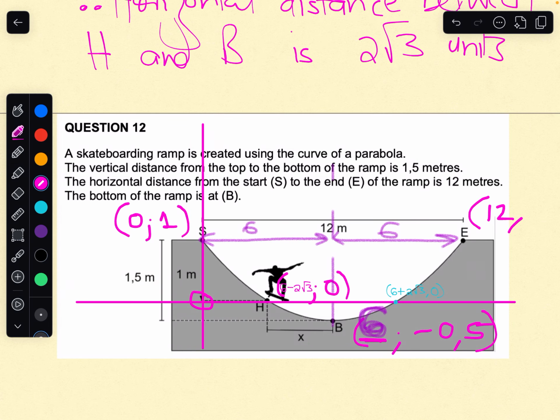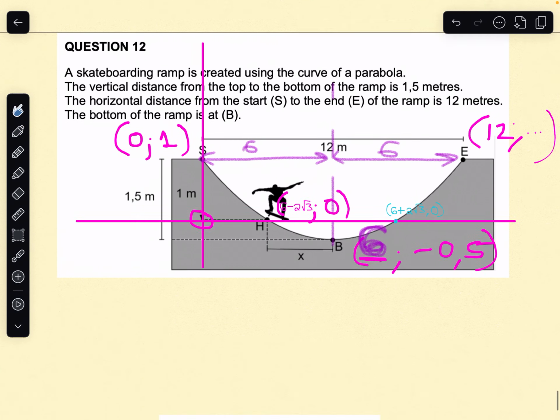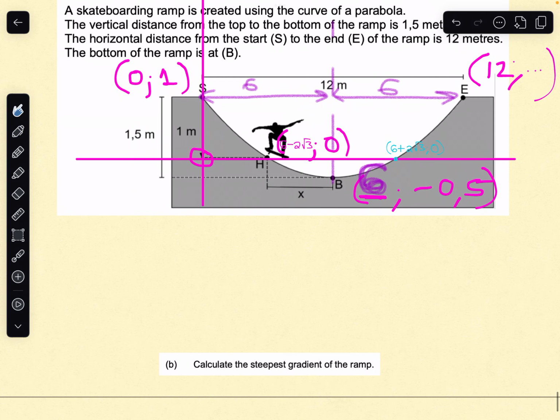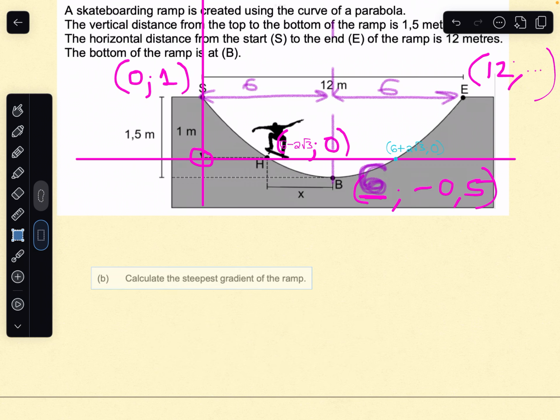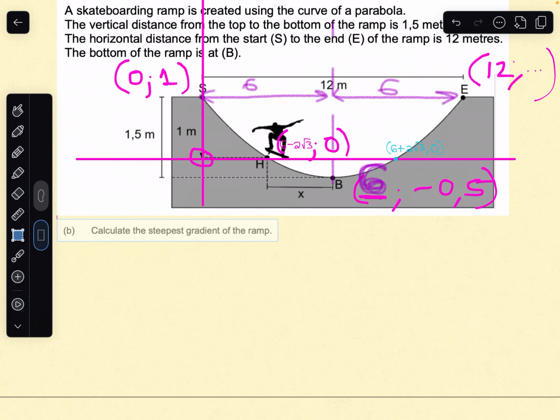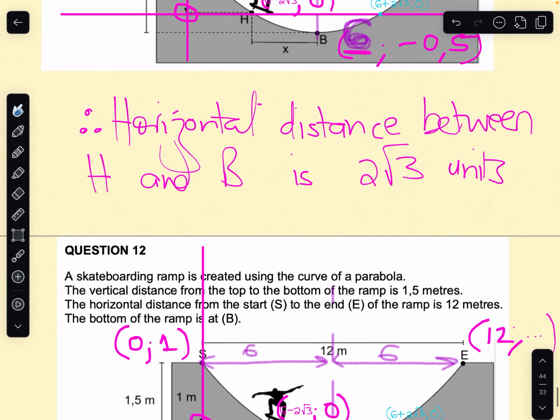Is this thing, okay, I don't know. Right, so we are trying to find the steepest gradient of the ramp. Okay, so did we find the first derivative? Sort of.